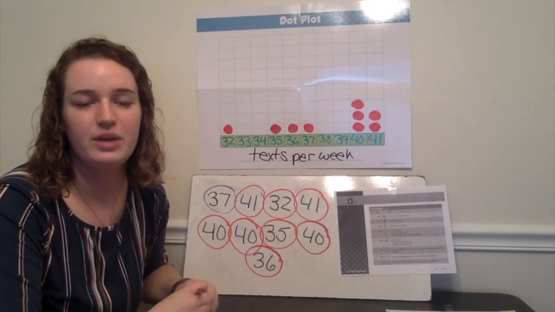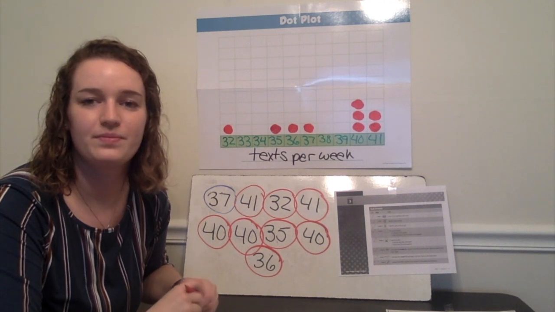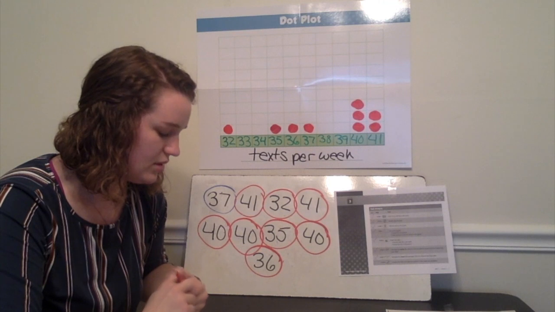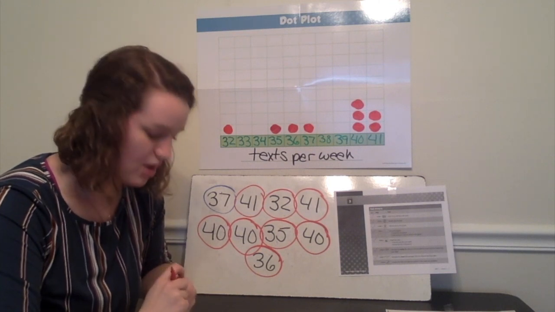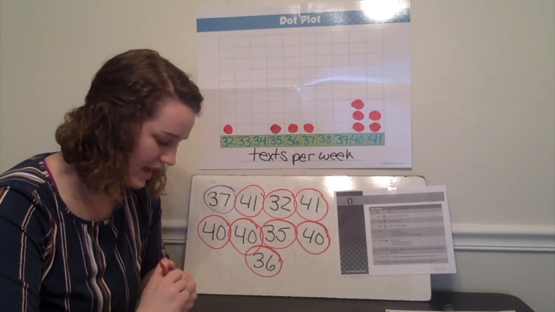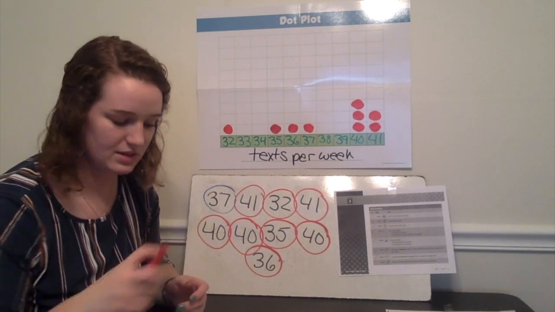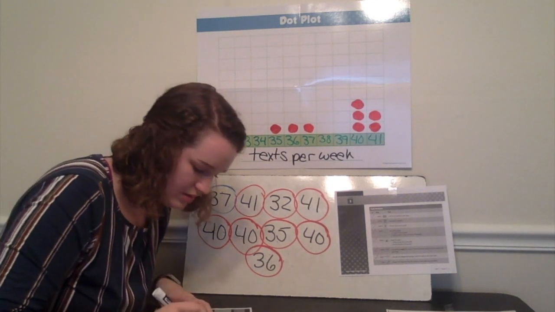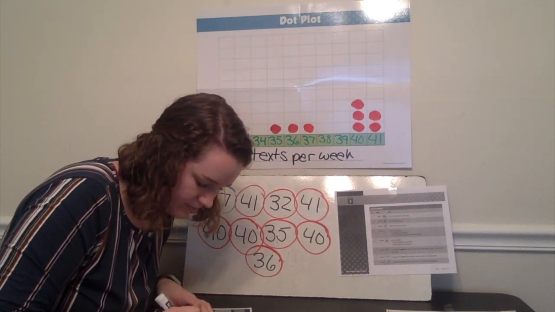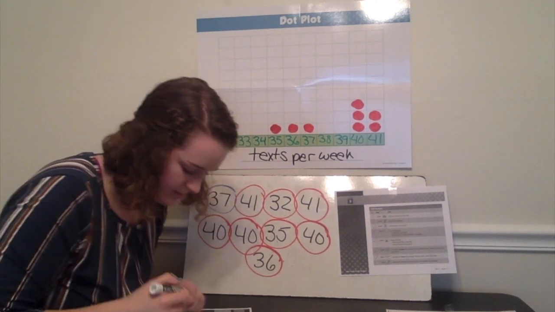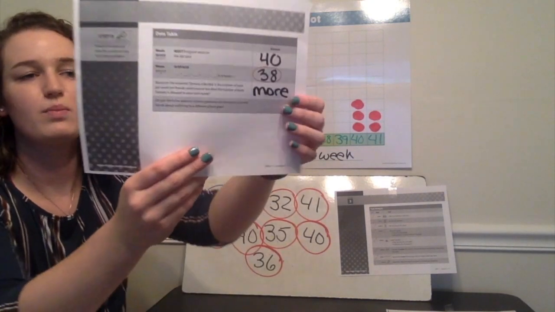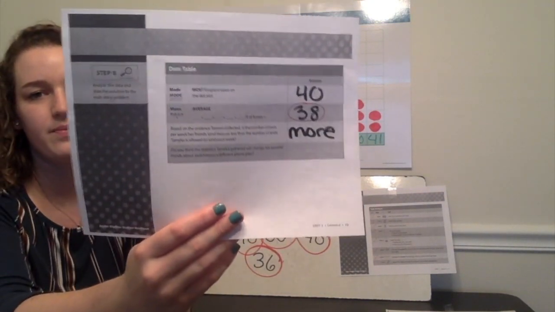Is 38 bigger or smaller than 10? 38 is bigger. So they send more texts than Tamika is allowed to send. So we're going to write more. So we should have more right here. Okay?